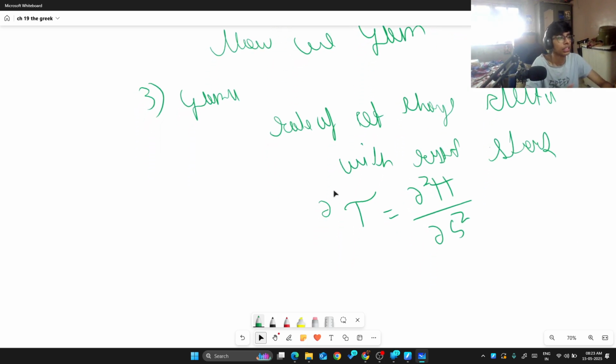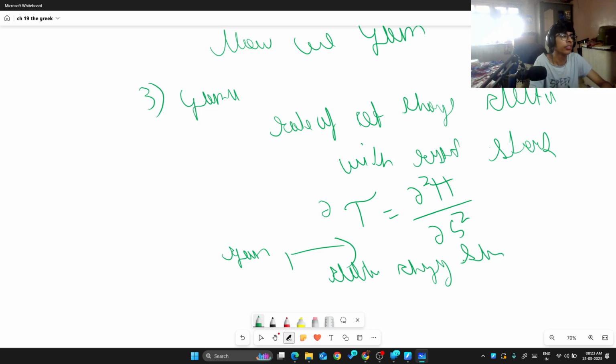If the gamma value is small, that means the delta is changing slowly. If gamma is large, that means delta is changing faster. There is a large jump in the portfolio. Okay, and gamma can be highly negative or positive.